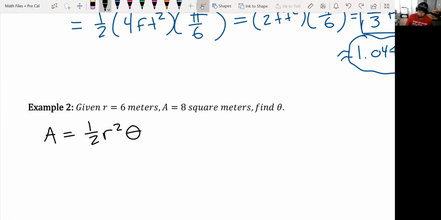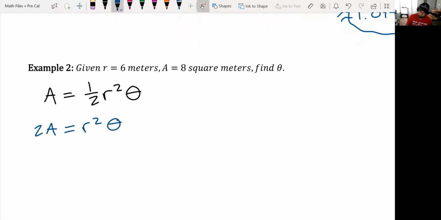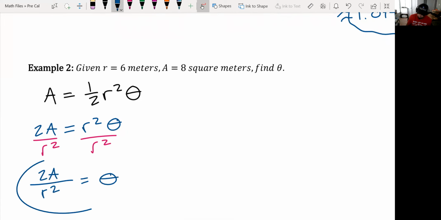In order to do that, I just multiply both sides by 2, which means I would get 2A equal to r squared theta. And then to solve for theta, I just divide off r squared. And we get 2A over r squared is equal to theta.